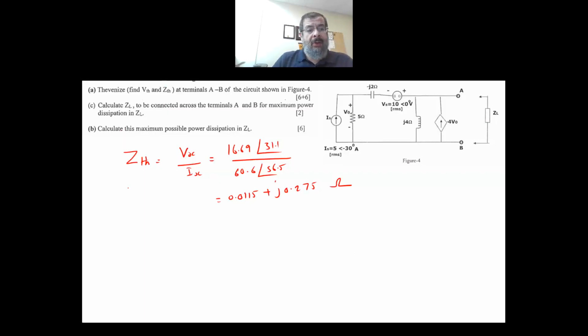And the second two parts, as we know, are very straightforward. Your ZL is equal to your Z Thevenin conjugate, which is 0.0115 minus J0.275.